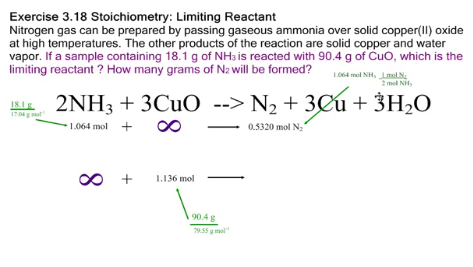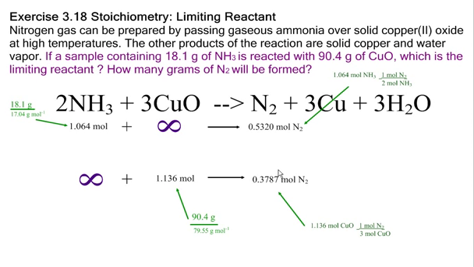Conversions up here if you're following along. I'll do the same thing down here. If I had an infinite number of ammonia, how much nitrogen can I produce? Well, we're going to go through the mole to mole ratio. 1.1 divided by 3 times 1. Come out with our moles of nitrogen, which is 0.3787. Again, conversions down here.